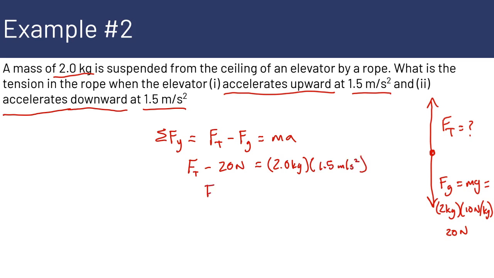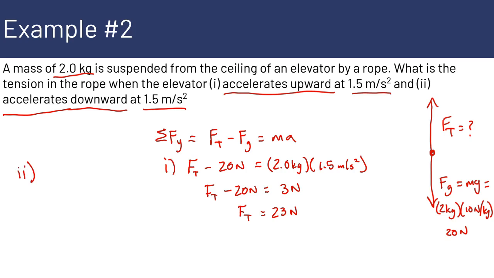Okay, so Ft minus 20 newtons is equal to 3 newtons. So our tension force then is equal to 23 newtons. So this would be for part I.